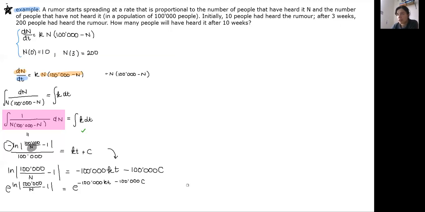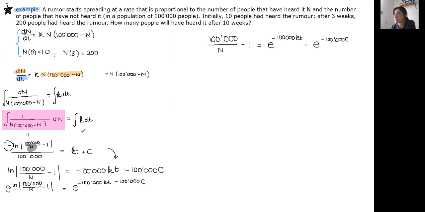Okay, and now I know that if I simplify on the left-hand side, I have 100,000 over n minus 1 is equal to e to the minus 100,000 times k times t times e to the minus 100,000 times c.